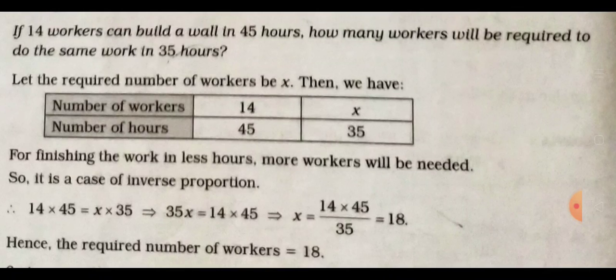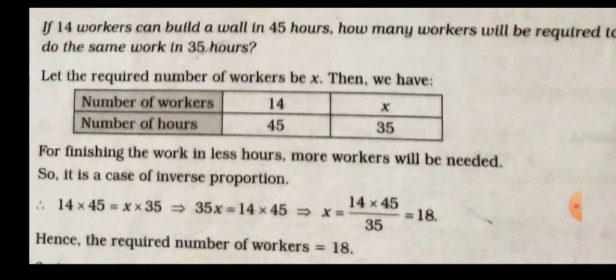It means that less number of workers are used, that's why the time is increased. Now in order to decrease the time, we have to employ more workers. How many workers we have to employ in order to complete the work in less time will be in the solution part.